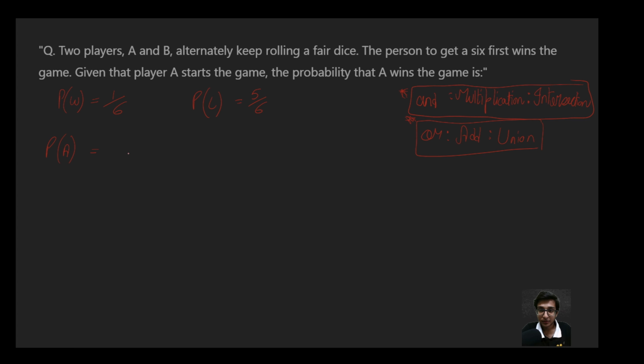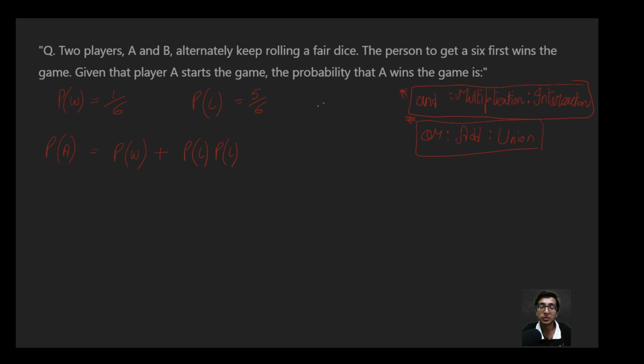Let's say A rolls the die first and A gets a 6. So A has won the game. So either this can be our probability, or what can be the other scenario? If we are using OR, we use ADD. Or if A loses the first chance, B also must lose the second chance, because of course B cannot win the game.